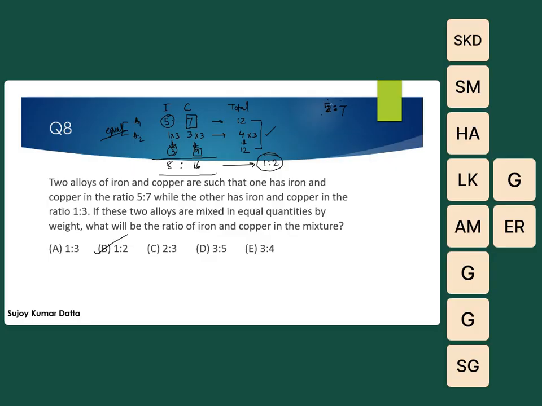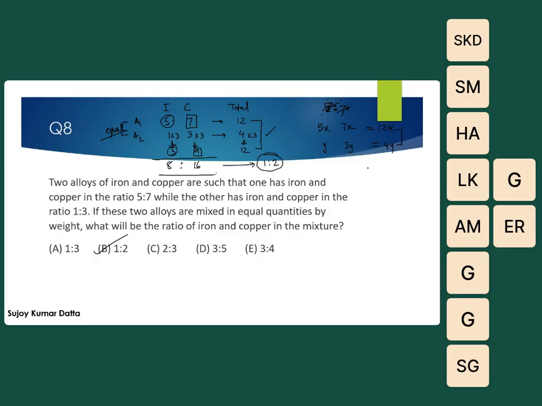Say, for example, this was 50 and 70, and we reduced it down to 5 and 7. So 5 and 7 means it was 5x and 7x. What is the value of x? We don't know. And the second one, 1:3, is y and 3y, because something else could have cancelled out, the common factor. We don't know whether it's the same. Now this is 12x and this is 4y.